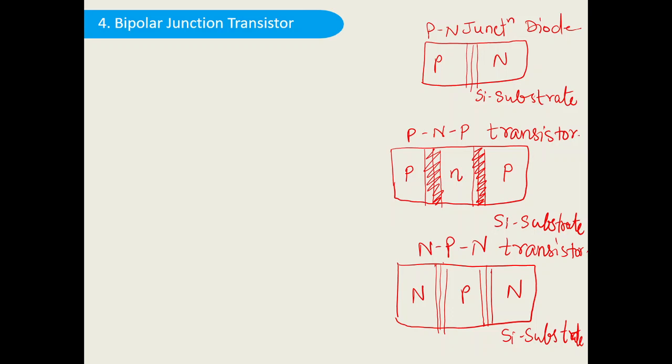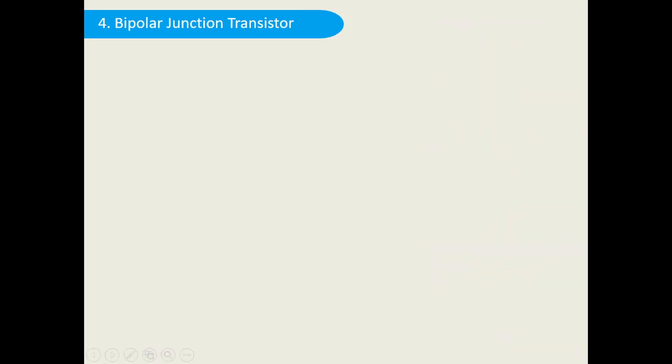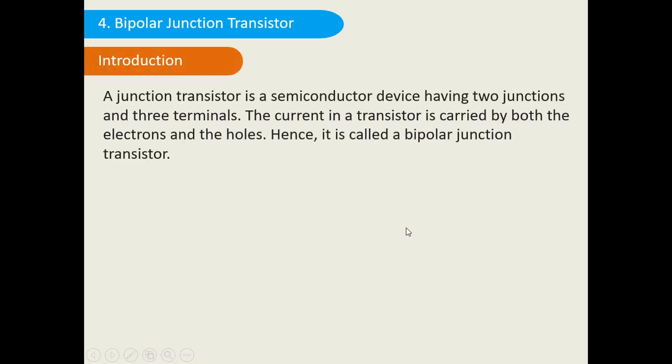Okay, but it can be used in two ways. It can be used as a switch or it can be used as an amplifier. Okay, so let us now start with the new subtopic, that is the bipolar junction transistor. So what is a bipolar junction transistor? A junction transistor is a semiconductor device having two junctions and how many terminals?